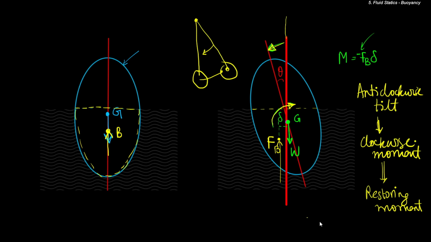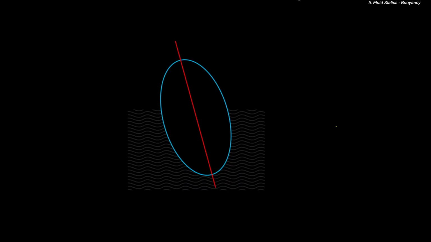Let us take another illustrative example. Let us say, for argument's sake, that the force due to its own weight acts through this point. So let's call it G. But the center of buoyancy is over here. So let me call this B, and the force is FB.